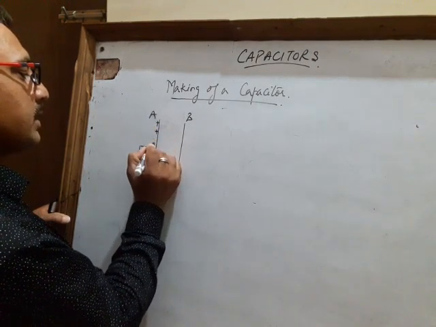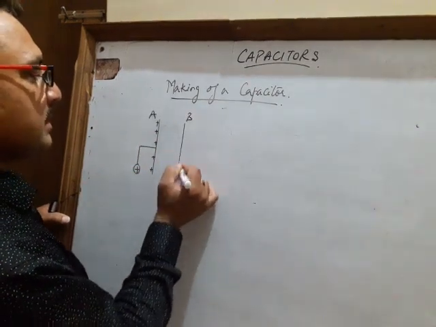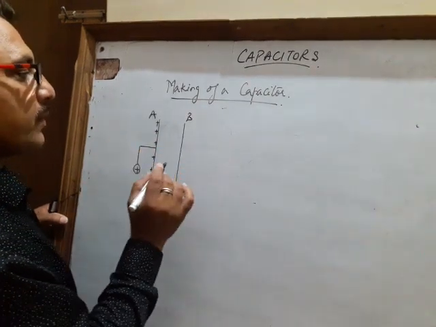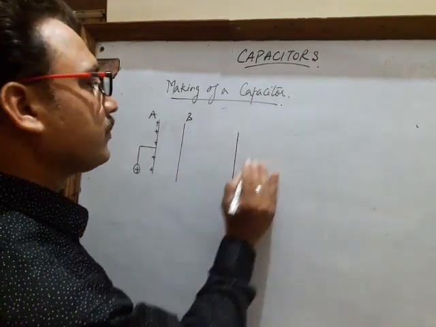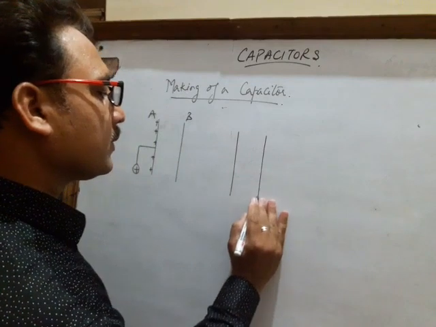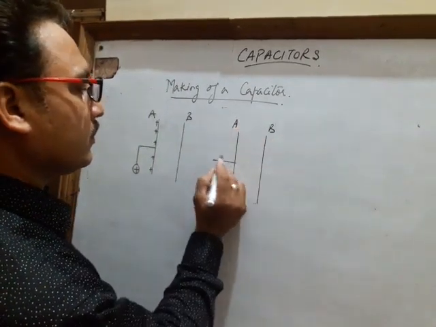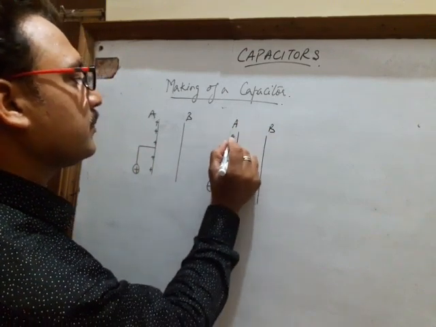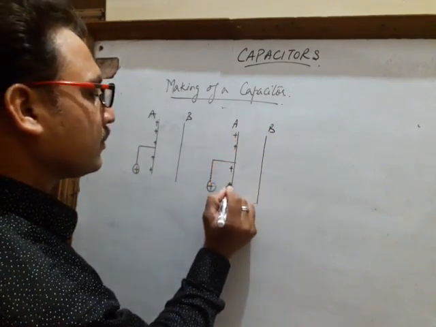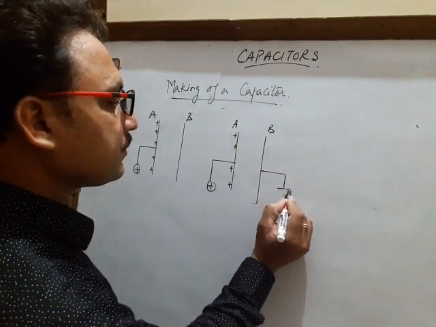So this plate acquires positive charge, and this is an uncharged plate. We will draw one more diagram. Same two plates A and B. Plate A is connected to the source of positive charge, and this plate is connected to earth.